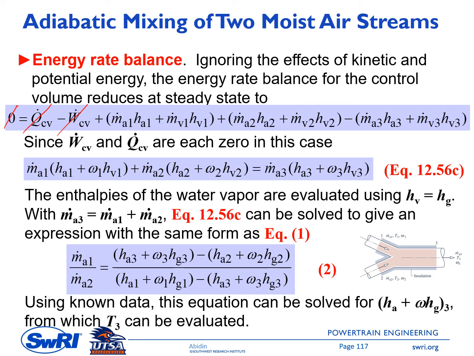The enthalpies of the water vapor are evaluated using hv equals hg, the enthalpy assuming it is saturated vapor. With the correlation that we got from the previous slide, equation 12.56c can be solved to give an expression with the same form as equation 1.